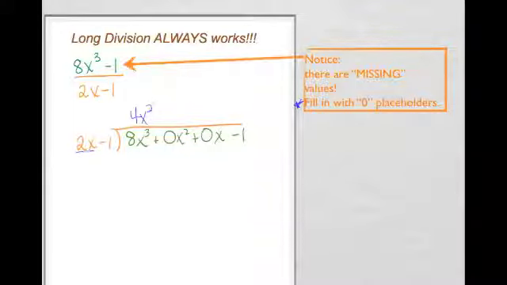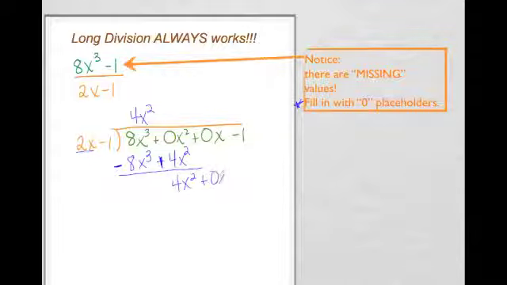4x squared times 2x gives me 8x cubed. And then that would be minus 4x squared, because negative 1 times 4x squared. I'm going to subtract, so subtract, change this to a plus. So it becomes 4x squared.